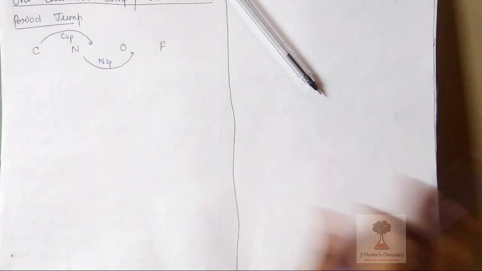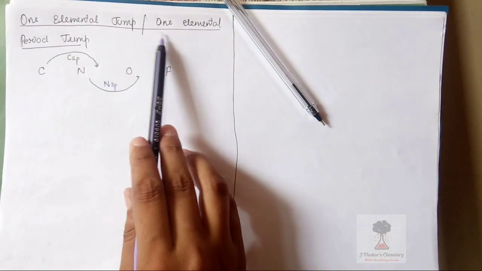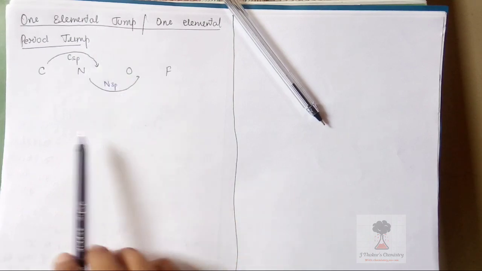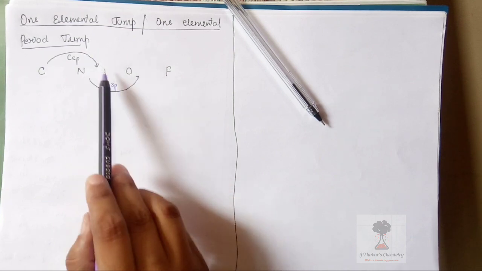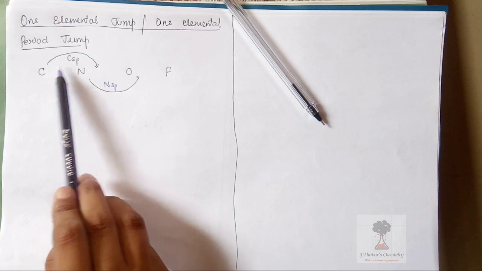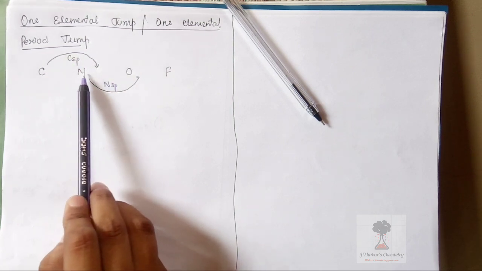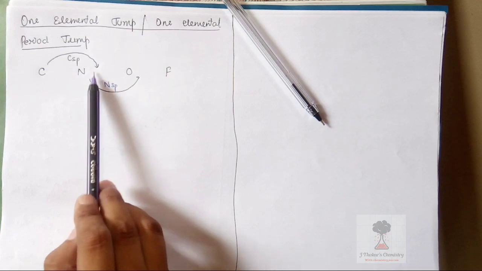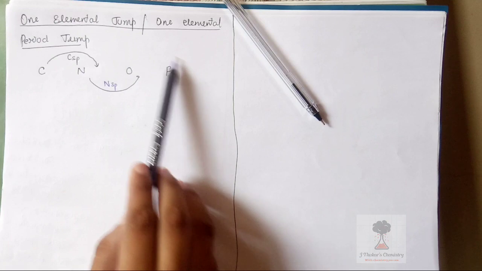So there is one elemental period jump along the electronegativity series in the modified electronegativity principle. This says that the electronegativity of sp hybrid carbon is greater than that of sp3 hybrid nitrogen. From this we can learn the series.